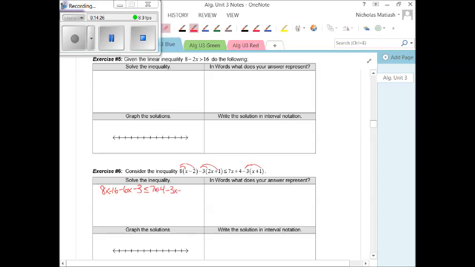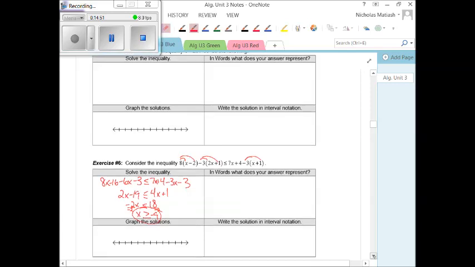Speaking of going through the rest of these, now you're going to solve these inequalities, and you can see me doing this now. Once you get your solution, once it's x is greater than, less than, whatever, x is greater than or equal to 2, you write your verbal solution. So basically, if you just read the symbol out loud to yourself and write those words down, that's what that solution will look like.